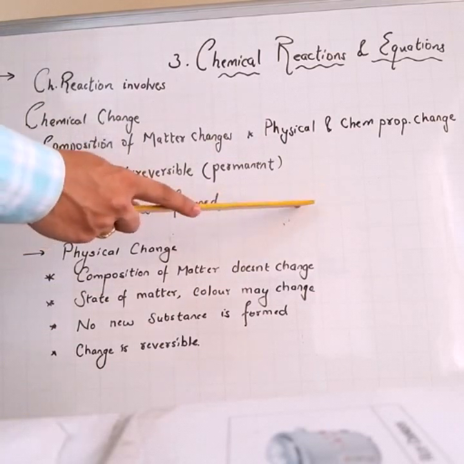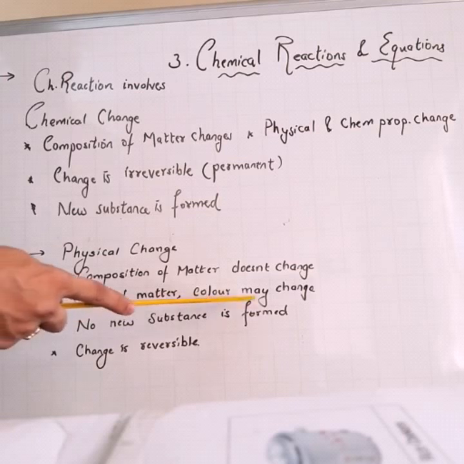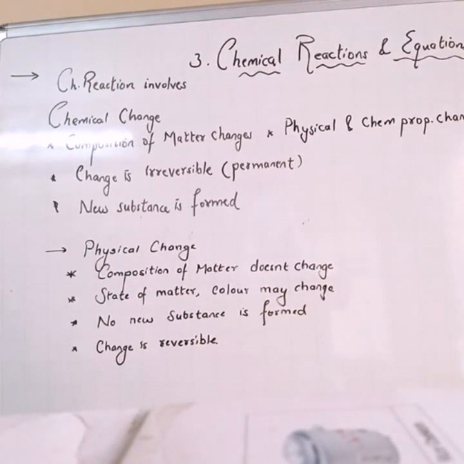And examples I already told you. Now in a physical change, the composition of matter doesn't change. State of matter, color, density, volume may change. No new substance is formed and the change is reversible. This is a basic difference I can give between a chemical change and a physical change. Okay?